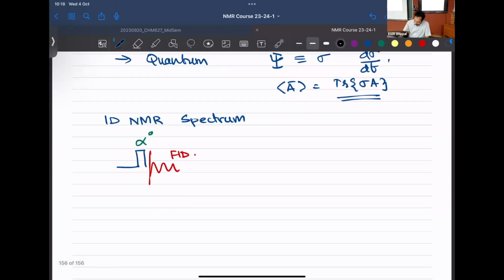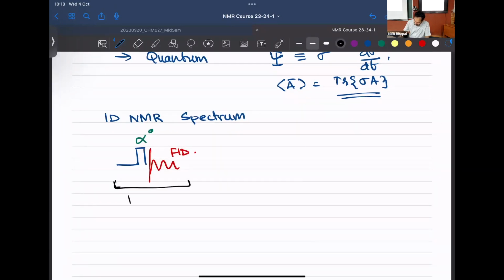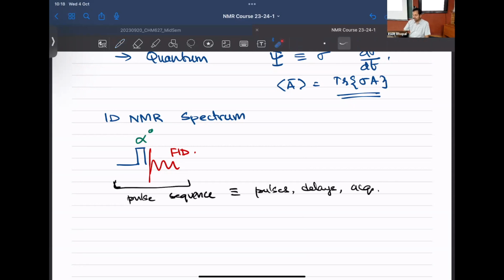We have been talking about the pulse sequence. What is defined as a pulse sequence? It's a combination of pulses, delays, and acquisition. It's called a pulse sequence. Things could appear in any order. You could have pulses followed by delays and delays followed by pulses. And this could go on until you end up acquiring.